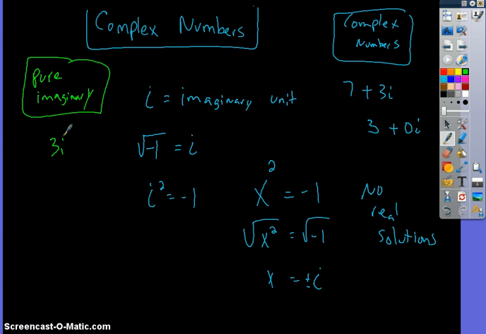If I took 3i and added 0 to the end, I haven't changed the number, and now it's complex. Purely imaginary doesn't show the addition of a real number, however any purely imaginary number can easily be converted to complex simply by adding 0 to it, making it real plus imaginary.